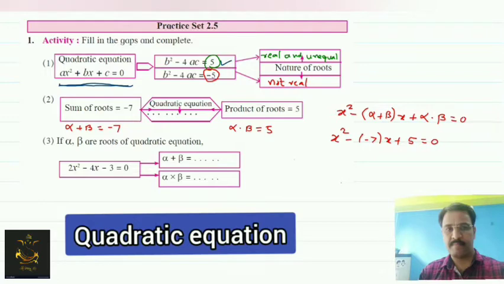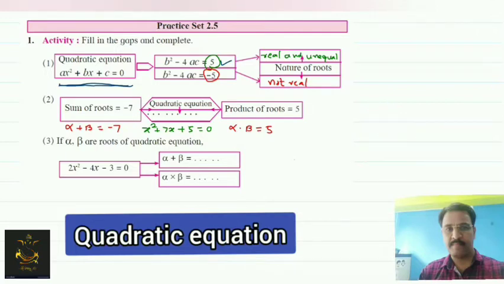So x square minus minus plus 7x plus 5 is equal to 0. So here we can write the quadratic equation x square plus 7x plus 5 is equal to 0. Understand? Okay, we'll take the next one, the third sum.